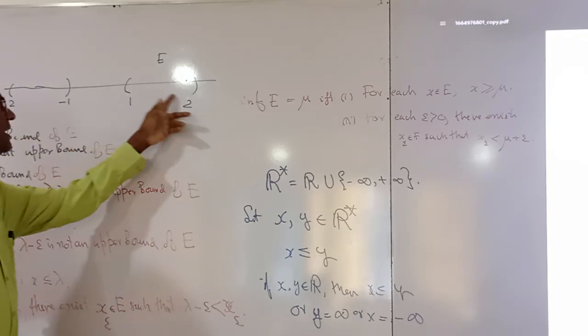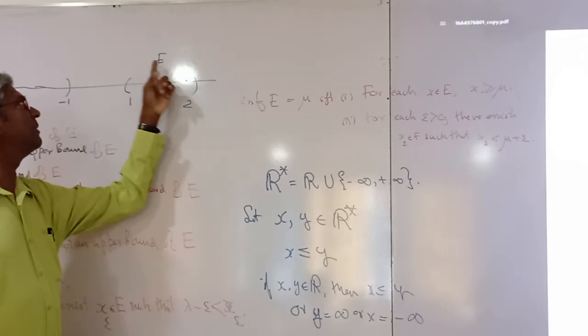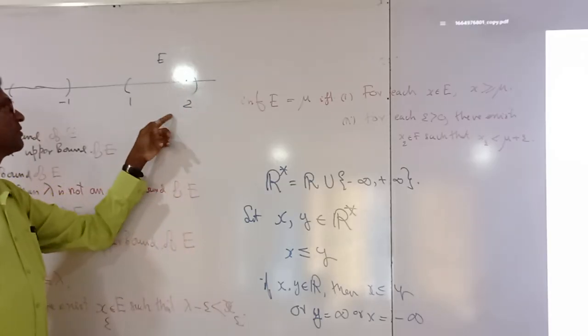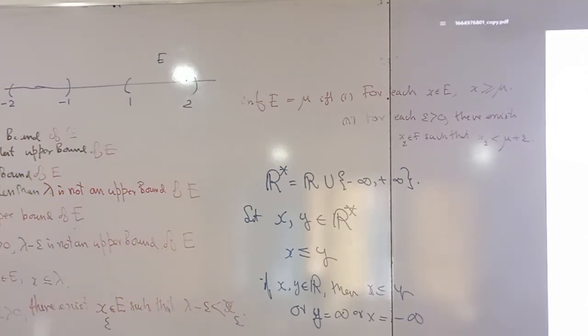If you take the open interval 1, 2, supremum is 2, which is not a member of E. Infimum is 1, that's not a member of E either. He says, but it is in some sense touching it from the right. So that's kind of good language, I guess. The set 1, 2, 3, 4, 5 and so on has infimum 1 and supremum infinity.